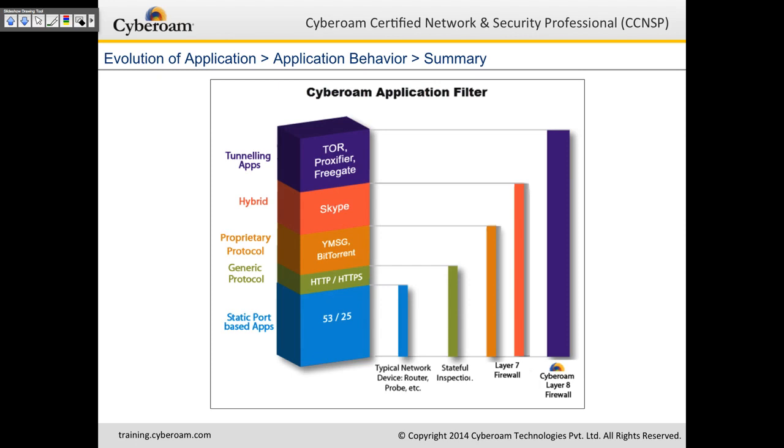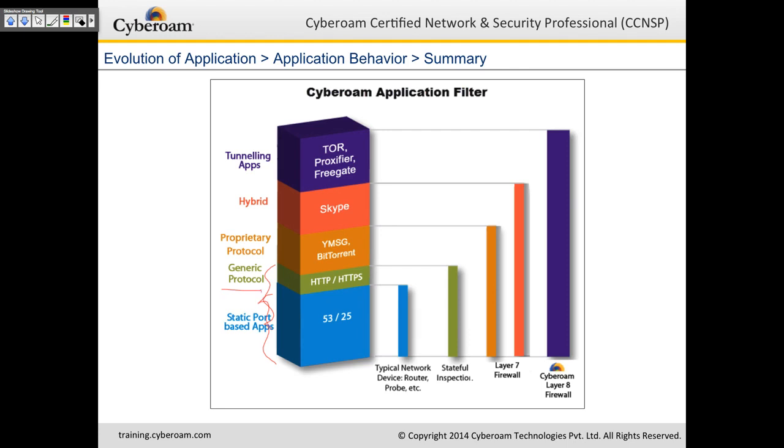If you take a close look, this slide clearly depicts the application behavior summary. So to conclude, you can say static port based applications, like those which use 53 or 25, a typical device or router can even stop. A stateful inspection firewall can go up to the HTTP or HTTPS layer, which is still a generic protocol.